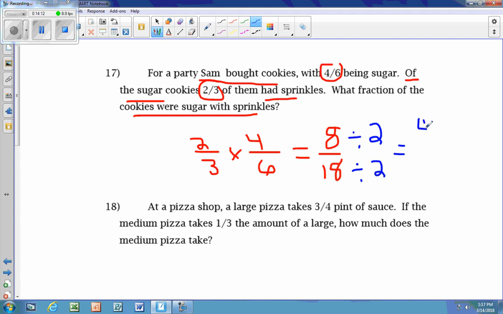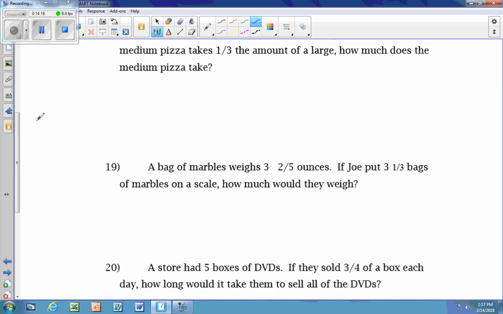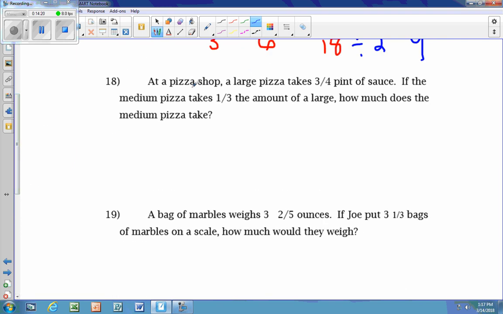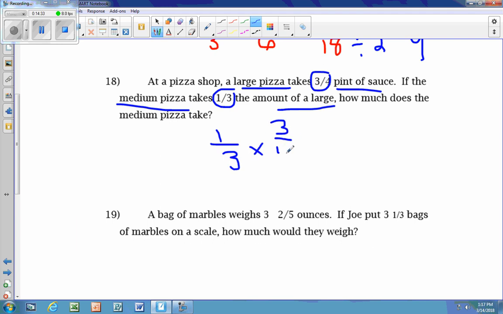And I end up with 4/9. Question 18. At a pizza shop, large pizza takes 3/4 of a pint. Medium pizza takes 1/3 of the large. So 1/3 of the large. And we end up with 3/12, which gives us 1/4 when we simplify.